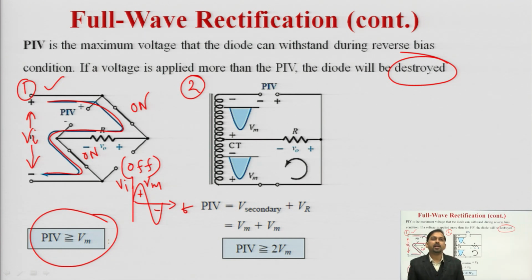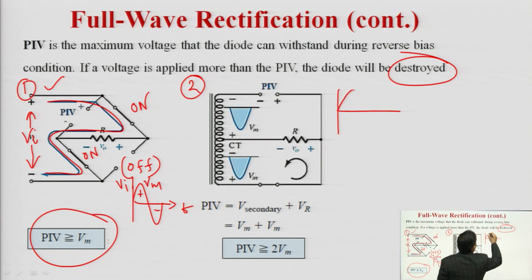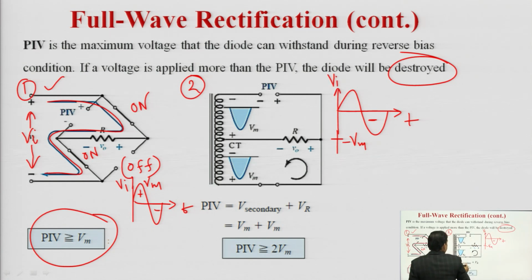Now, to calculate the PIV rating for the center tap full wave rectifier, this situation appears in the negative half cycle of the input waveform, where the voltage is, let us say, minus Vm. Here PIV equals the output voltage plus the voltage applied across the secondary winding, which is Vm.